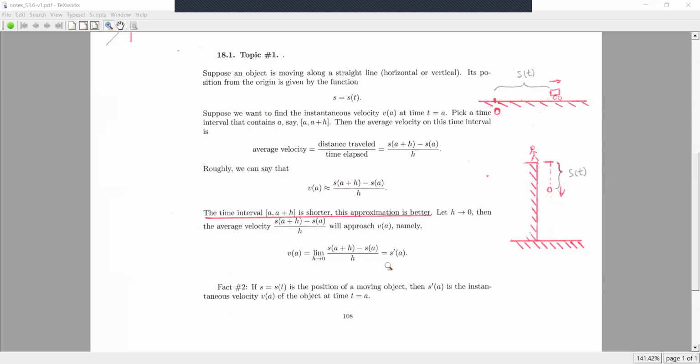So from this observation, we have fact number 2. If the function is the position function of a moving object, then the derivative of the function at the time a is the instantaneous velocity of the object at the time a.